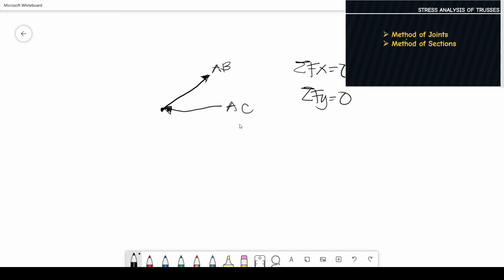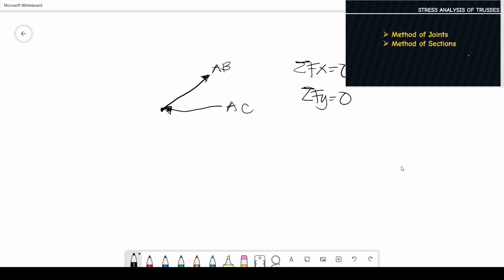However, when non-concurrent, meaning there is a distance, you can use the three equilibrium equations, including the moment.